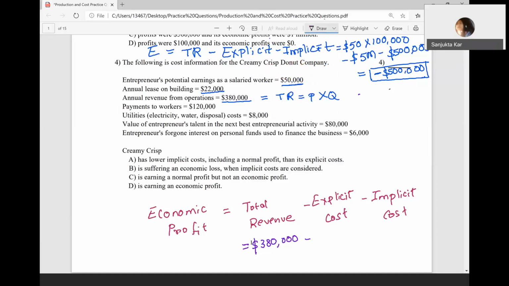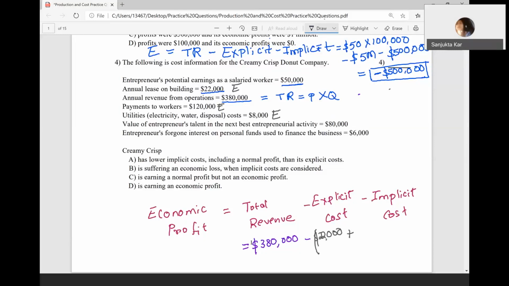Annual lease on the building. This is an example of explicit cost of production. Payments to worker. This is also explicit cost of production. Utilities is also an example of explicit cost of production. So I'm going to take up these numbers here. Explicit cost of production is 22,000, of course, the dollar signs.